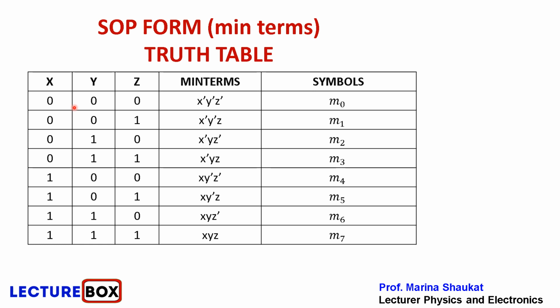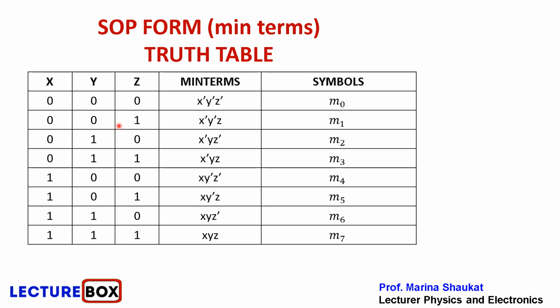Now let's see how we can write its minimum terms. As I told you before, the minimum terms are always 1. So if I take its complement, it becomes 1. Its complement is also 1. Its complement is also 1. And the product of their complements will give me the value of 1, which is my first minimum term. Similarly, its complement is 1. Its complement is 1.